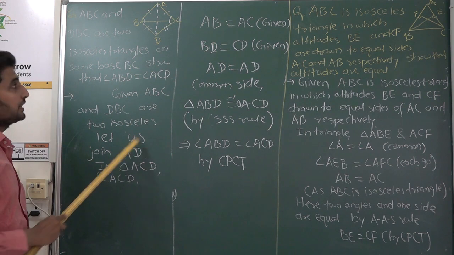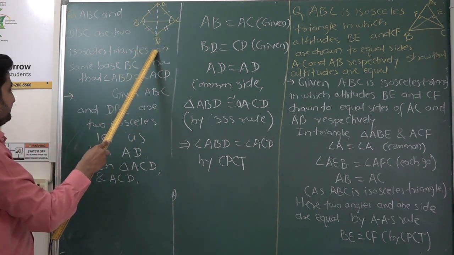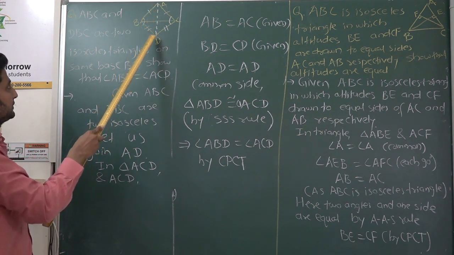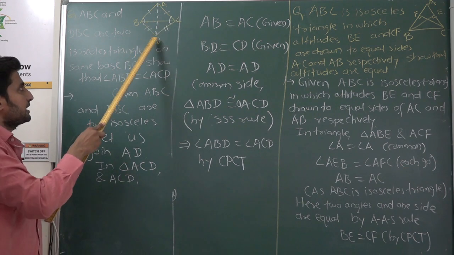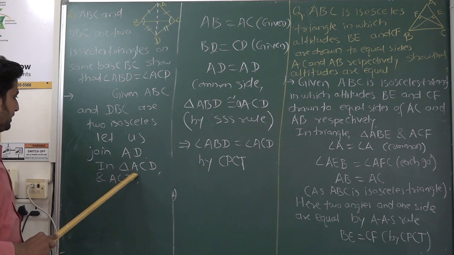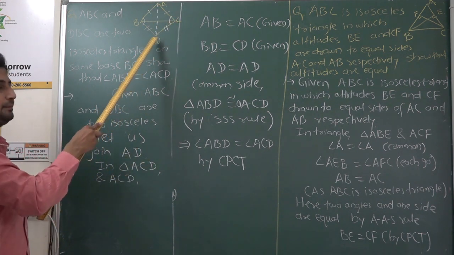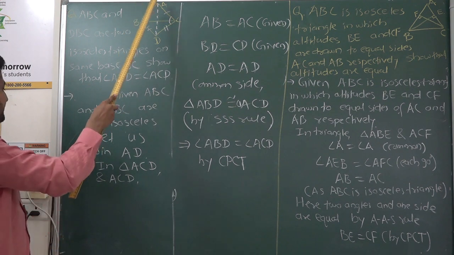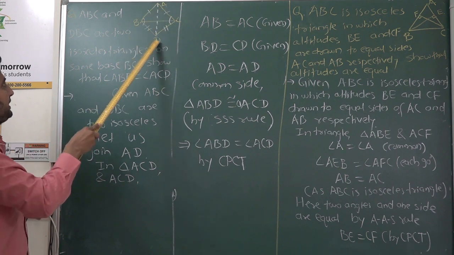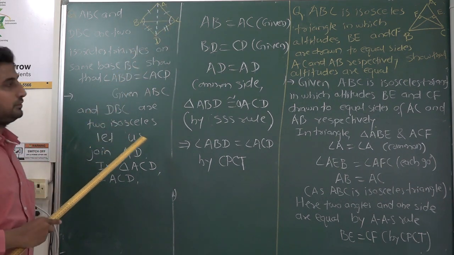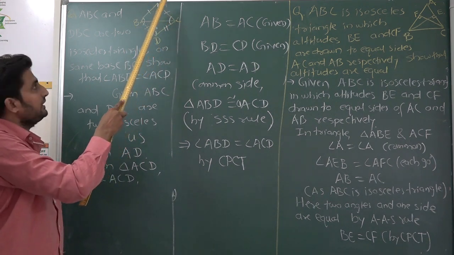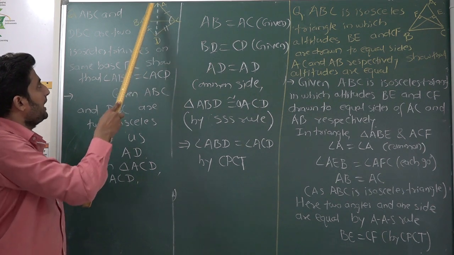Let us join A, D. If we join this A with D, now by using this AD, it divides the figure into two triangles, ABD and ACD. Now, if you observe carefully, we are just focusing on the two triangles ABD and ACD.